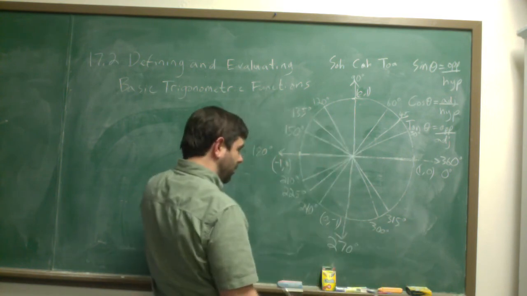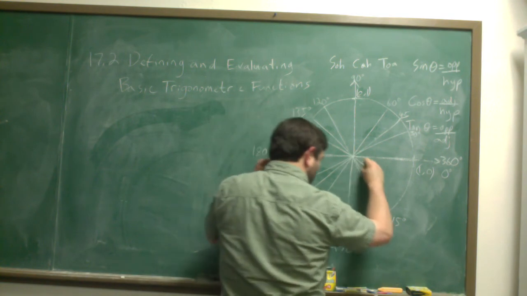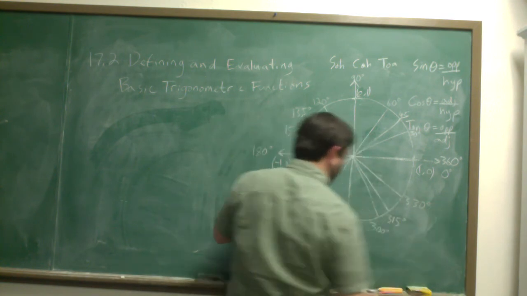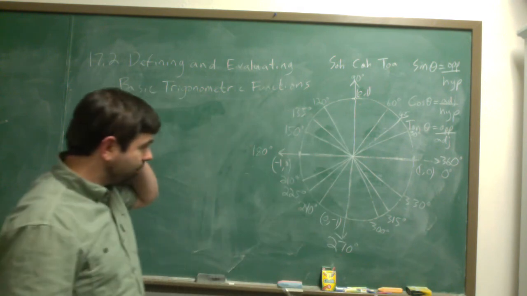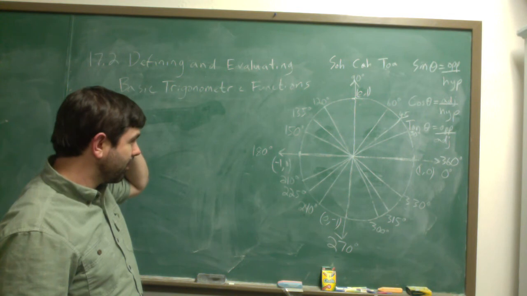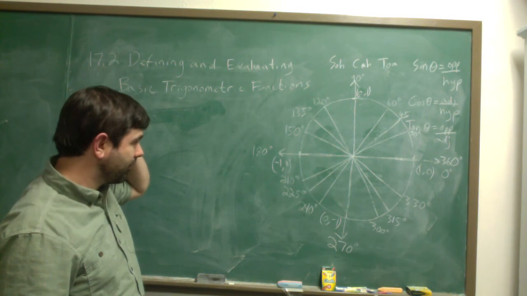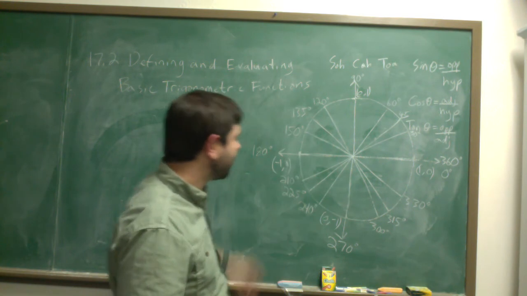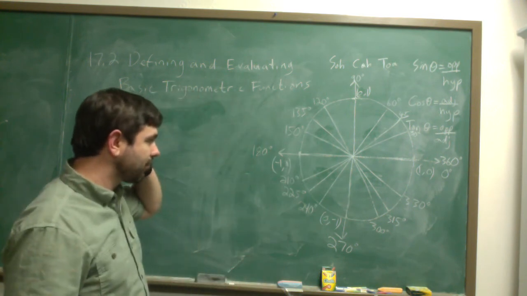And 300 plus 30 is 330. So these are all the different angles that we're going to be working with on the unit circle. There's, of course, infinitely many angles, but these are the important and significant ones we're going to be looking at.